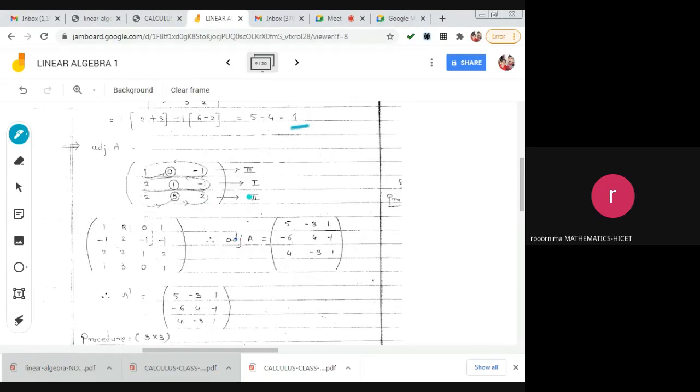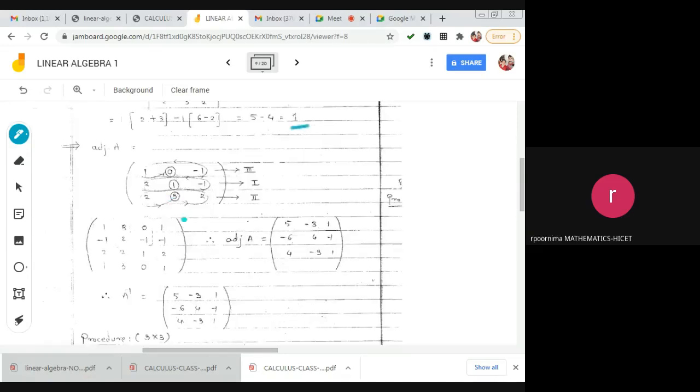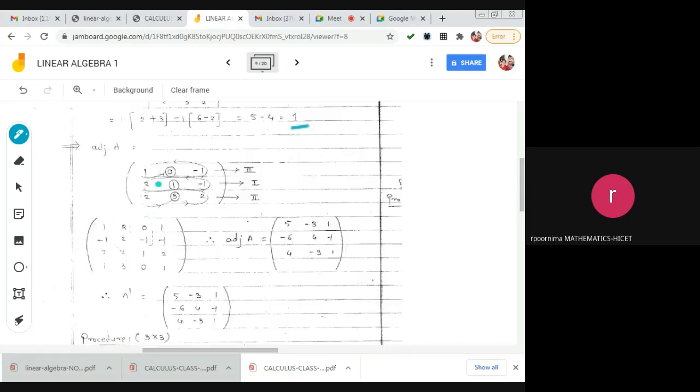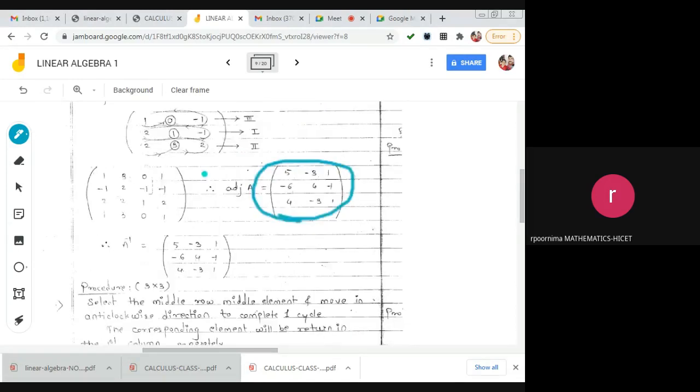Or you can use the normal method, because it will take some time. First you find the minors and then the cofactors. Then you will get your adjoint of A. Then you divide and you will get the answer. A inverse is adjoint of A by the determinant of A value. So select the middle, or you can select that one.